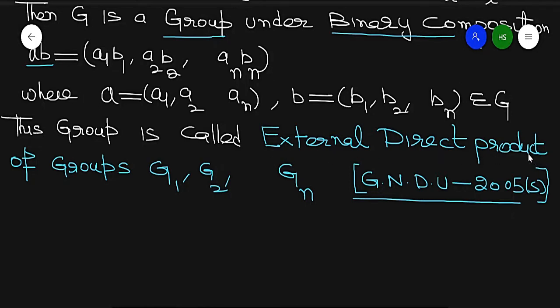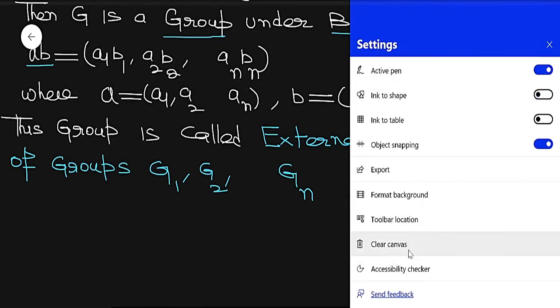Now my first theorem is to prove that this external direct product is a group under this binary composition. This was a question asked in GNDU 2005. There is a very simple result to prove that it is a group.